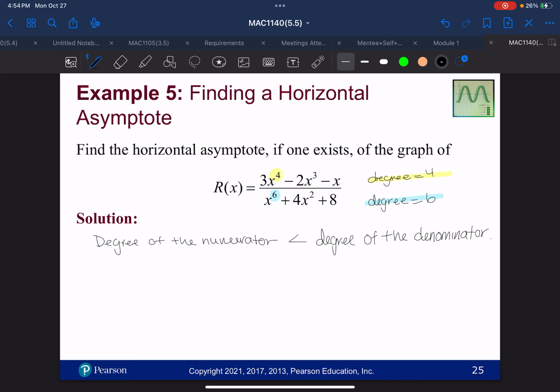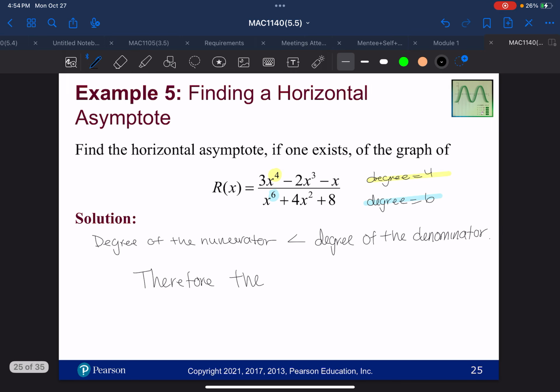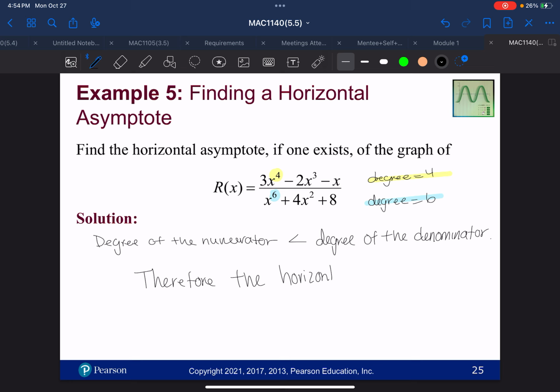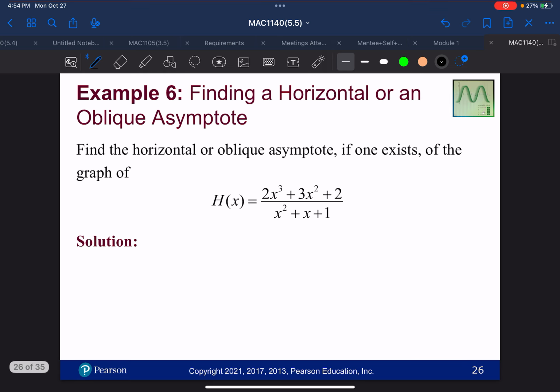Therefore, our horizontal asymptote is equal to y equals 0. And this is case number 1.